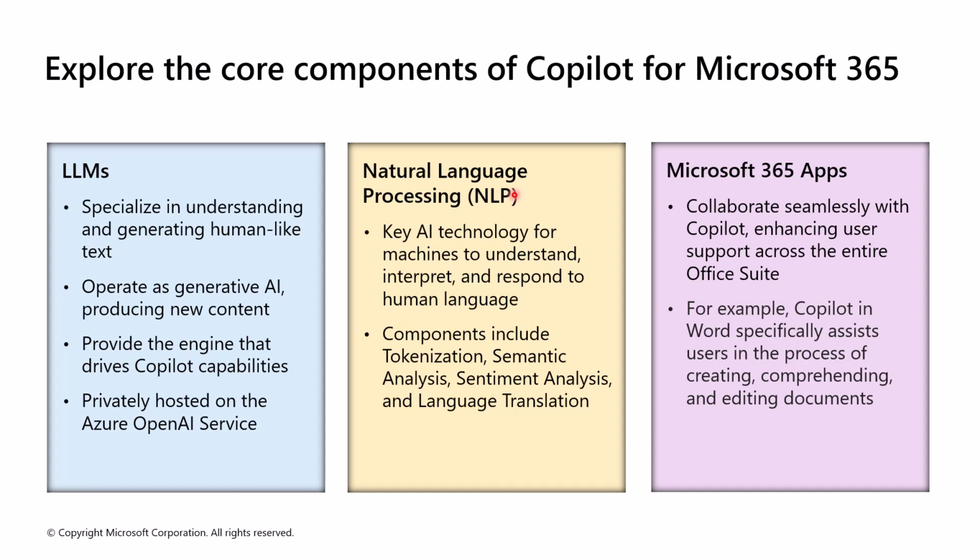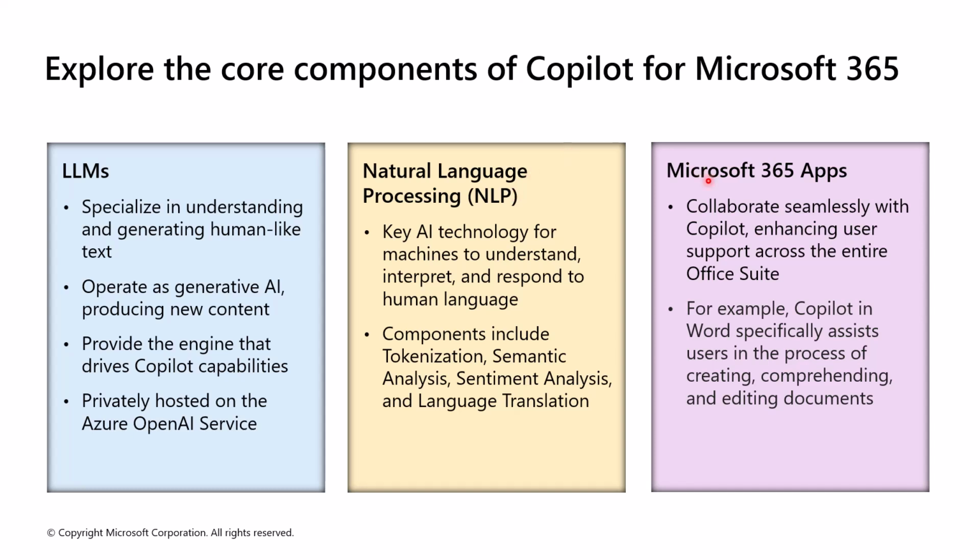What this component includes is tokenization, semantic analysis, sentiment analysis, and even language translation. In Azure AI, for example, sentiment analysis helps to ensure whether the person is feeling good, or whether what the person has typed suggests the person is not feeling fine, something like that. And it also translates language.